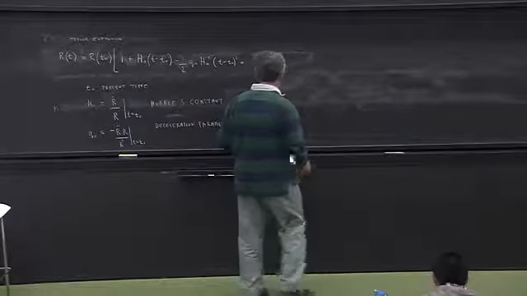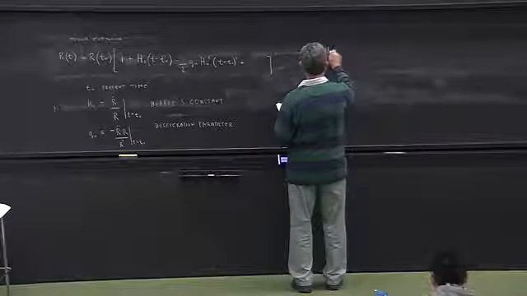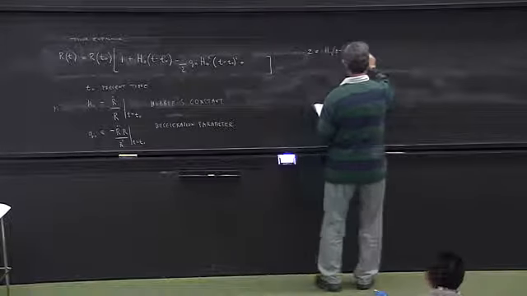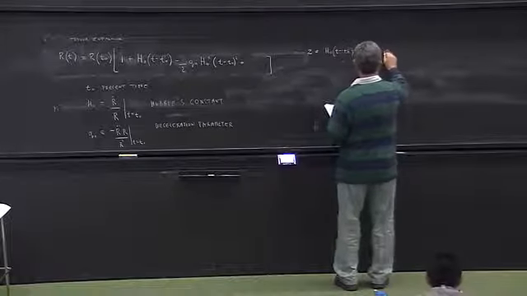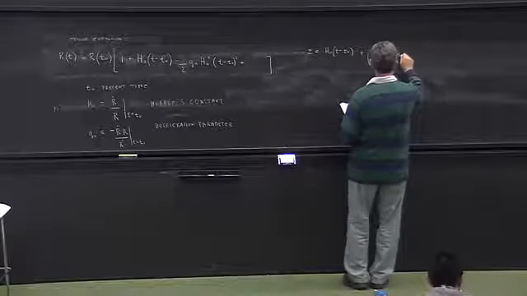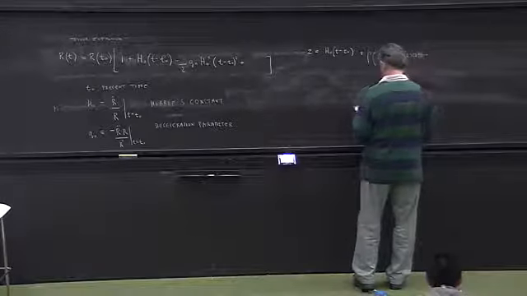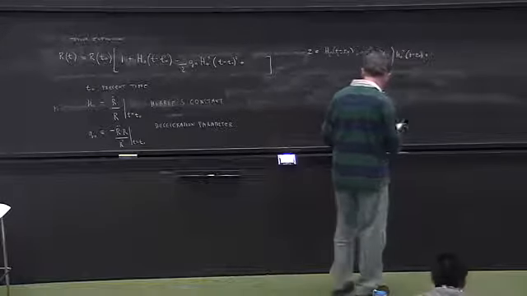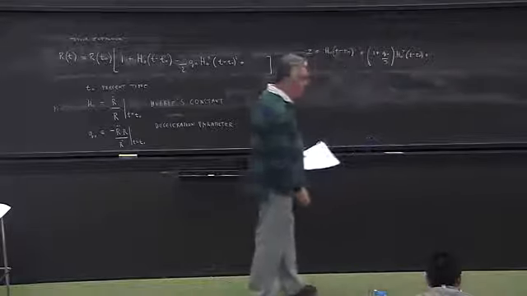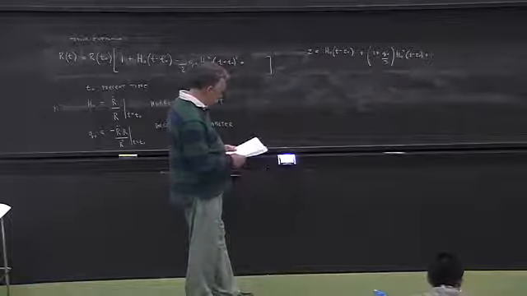So, put it another way, z equals h naught times t minus t naught plus 1 plus q naught over 2 times h naught squared t minus t naught squared. I'll give you the experimental values for h naught and q naught in just a few minutes.